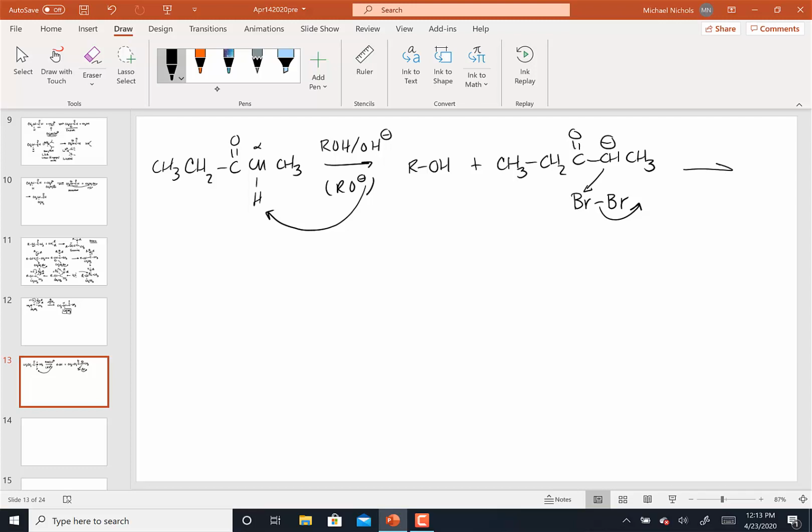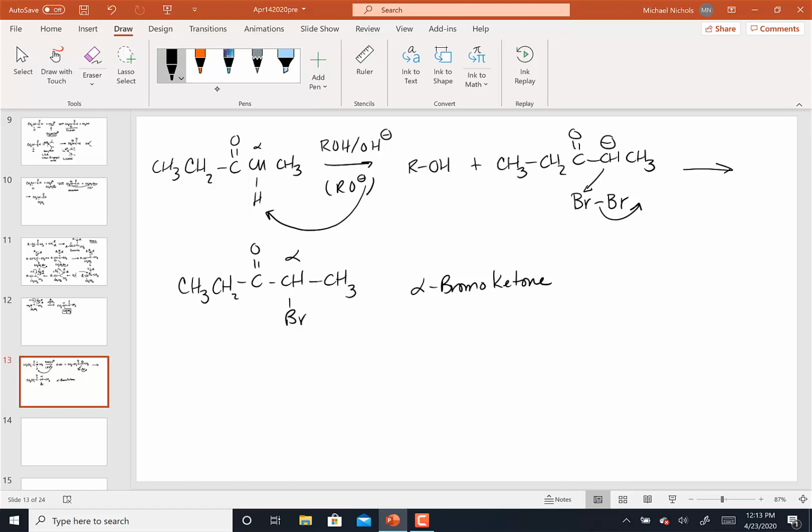So I'm doing basically the same reaction that I did when I reacted a double bond with bromine back last semester. But what I'm now going to do is add a bromine to the alpha carbon. And so this is called an alpha bromo, in this case, an alpha bromo ketone.